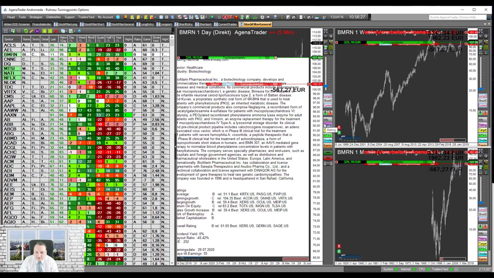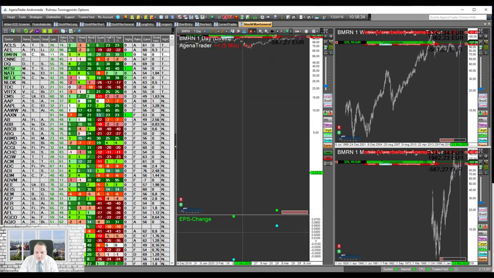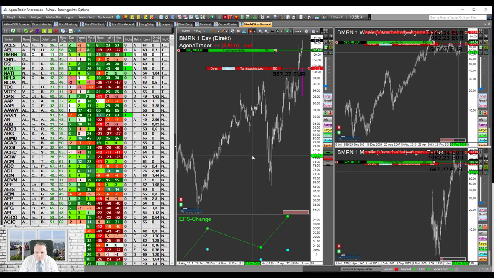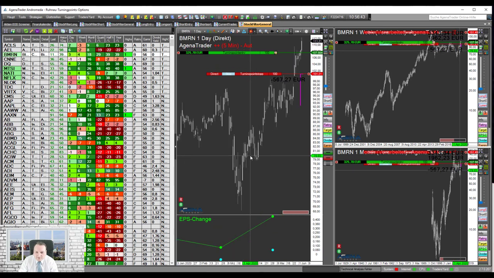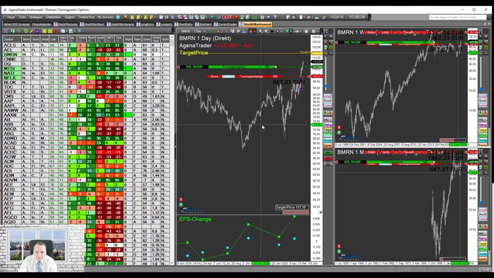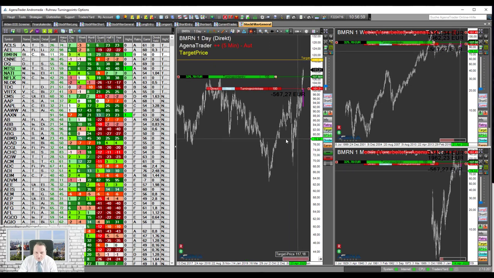Really high rating, and what you can also see is that the earnings per share is really nice, and even through the crisis these stocks make a lot of money. You also have a target price included, so you know where the price might go.